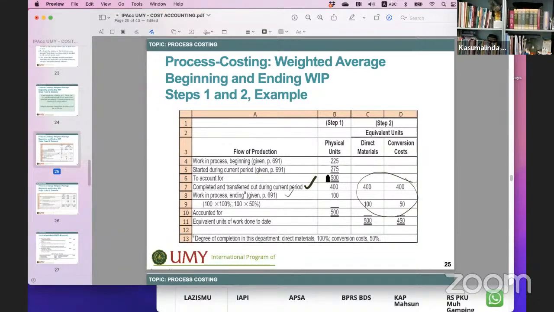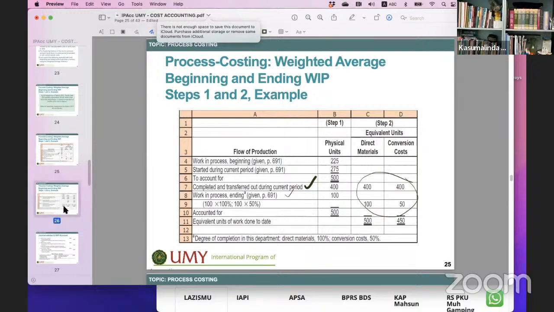Okay, so where should we refer to? We should refer to in the calculations of equivalent unit. For example, direct material, okay, for completed and transfer out, the units is 400. Okay, and for work in process, for the direct material, the units is 100.